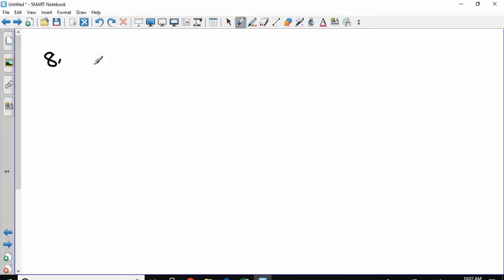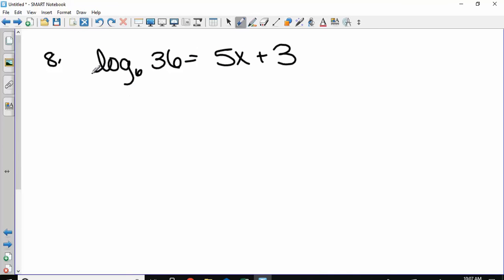And question number 8. Okay, so I have somebody I know that was able to just simplify this. What is log base 6 of 36? 2. It's saying 6 to what power equals 36? It's 2. But if you didn't catch that, you just do the definition, change it to exponential.